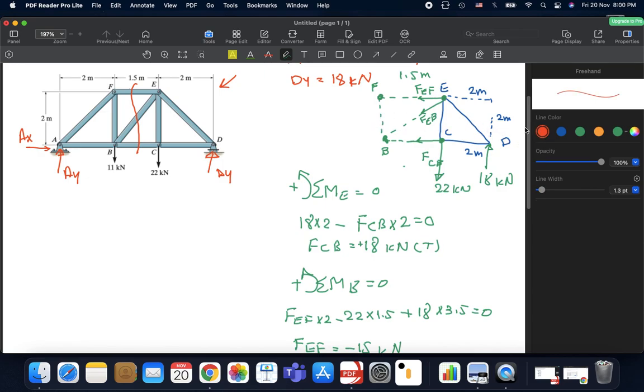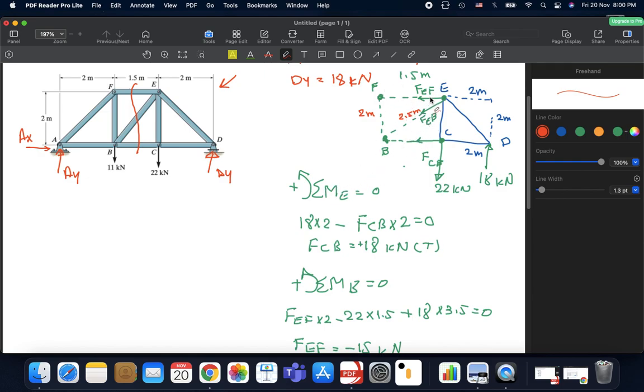If this height was 2 meters and this is 1.5, then from the Pythagorean theorem, this length would be 2.5 meters. So the component of this force on the x-axis is 1.5 over 2.5 multiplied by FEB.